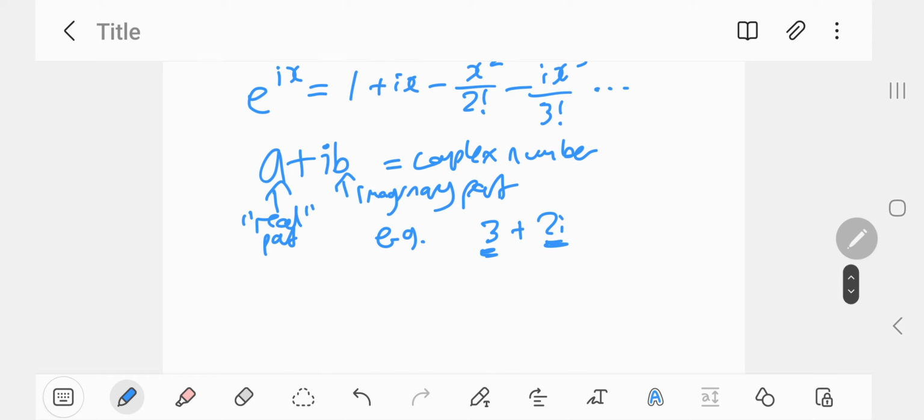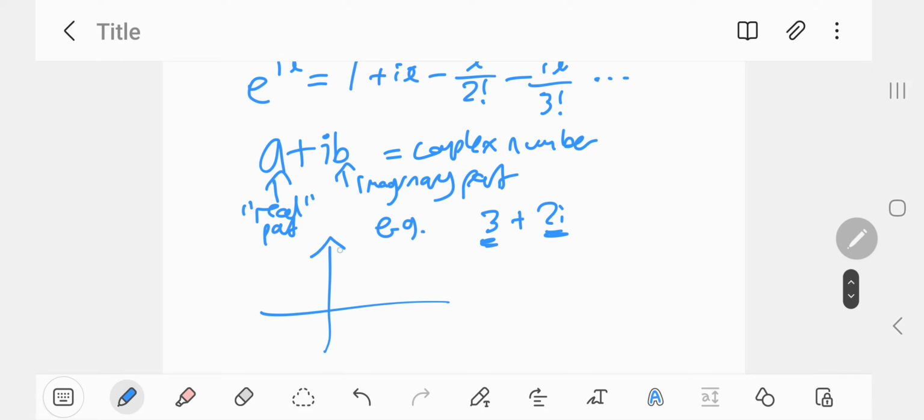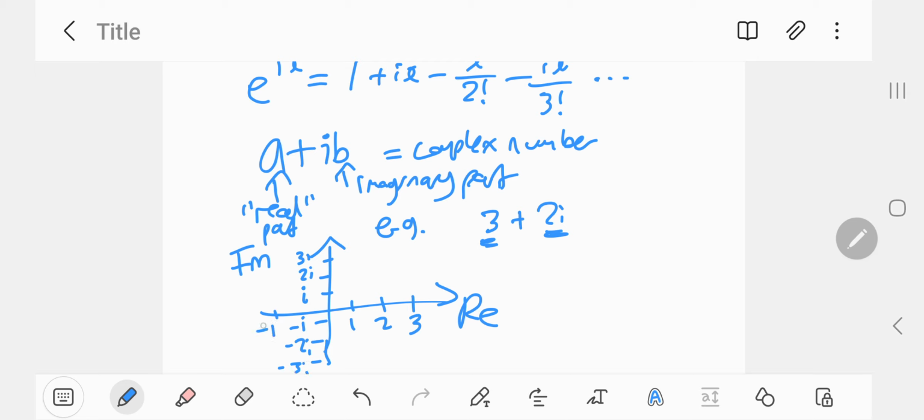If we were to plot it, the y-axis we can call the imaginary axis, Im for short. The x-axis we can call the real axis, Re. If we plot that, we've got 1, 2, 3, and for imaginary we go up by i, 2i, 3i, and so on, minus i, minus 2i, minus 3i, minus 1, dot, dot, dot. So 3 is here on the x-axis, 2i is up here, so put a dot, and there we have it.